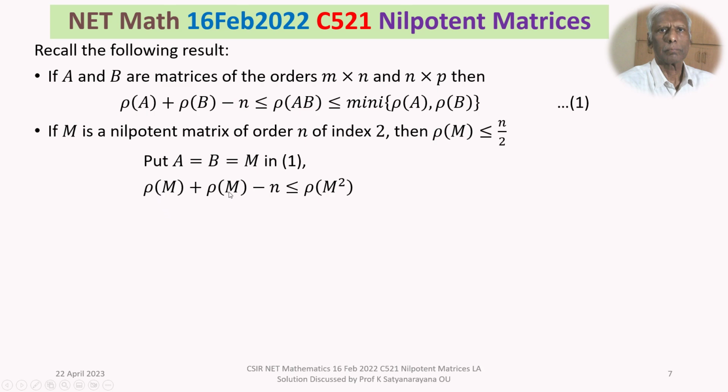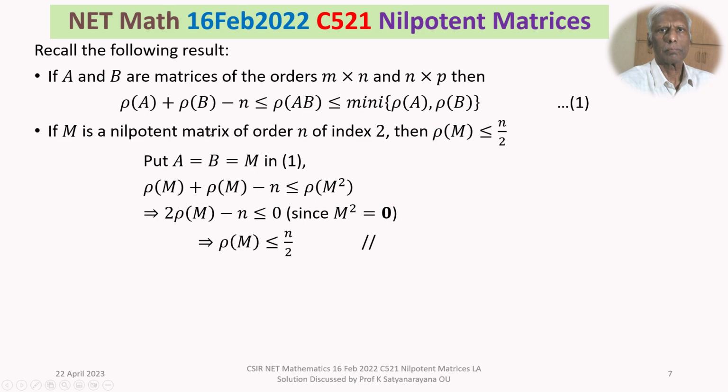And rank of M plus rank of M is 2 times rank of M minus n, less than or equal to the rank of the 0 matrix, that is 0. So, this will imply 2 times rank of M is less than or equal to n. This implies rank of M is less than or equal to n by 2, hence the result.